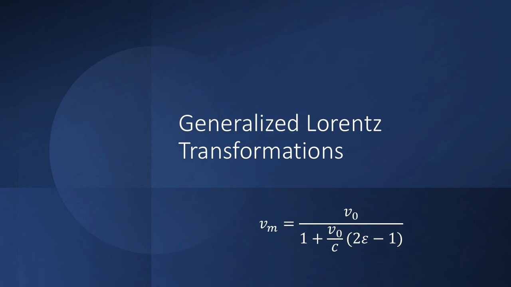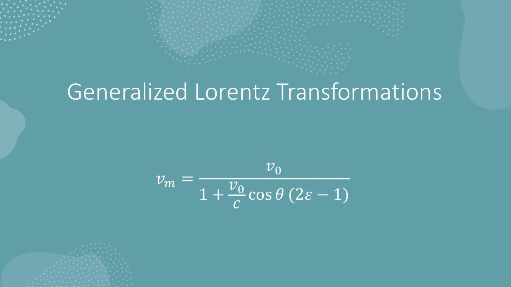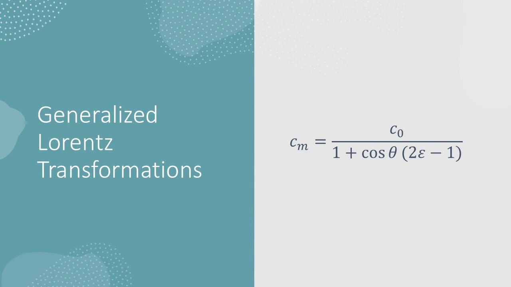The generalized formula for the relationship between radial measured velocity and radial proper velocity is as we've seen it before. The same is true for the relationship between the measured and proper velocity in any direction. We also have the same relationship between the measured speed of light and proper speed of light in any direction.